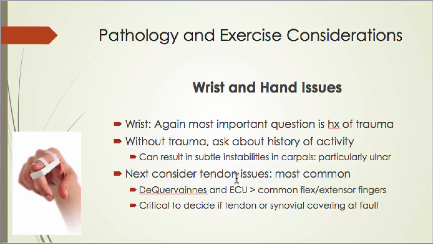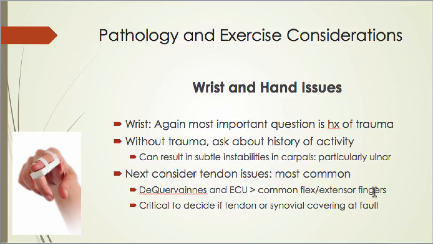Next, we want to consider if there are tendon issues, because these are the most common. These are the most common right here. De Quervain's, which is on the radial side by the thumb. We already said that. And the extensor carpi ulnaris, which we also said. Most common on the ulnar side. Then, after those two, we have the common flexor and extensor tendons of the fingers.